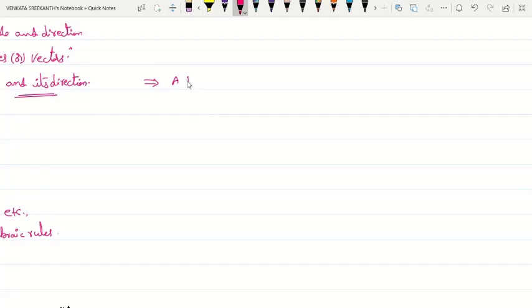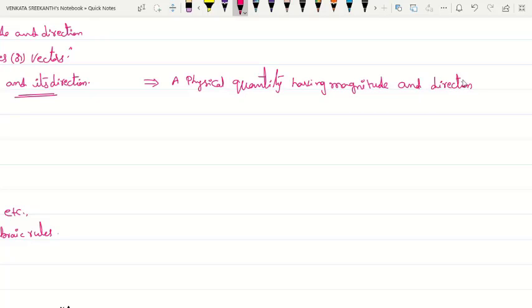It is one of the important points: a physical quantity having magnitude and direction, but not obeying laws of vector addition.